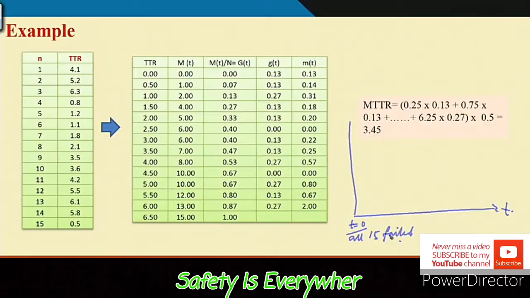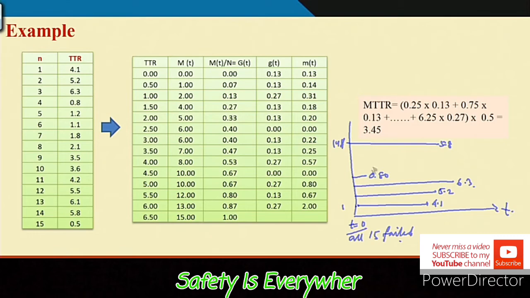The first one will be repaired maybe by 4.1 time units, the second one 5.2, the third one 6.3, the fourth one 0.8. Like this, the 14th one 5.8, and the 15th one 0.5.